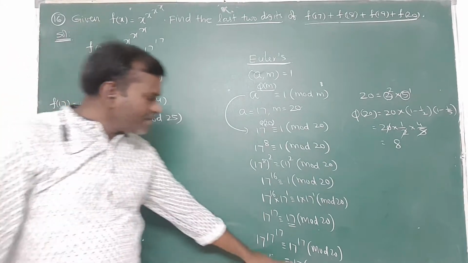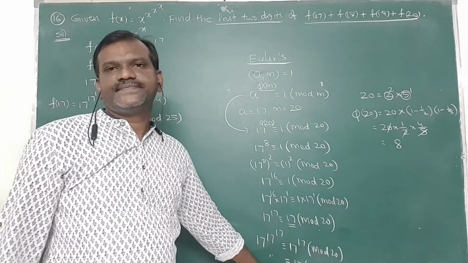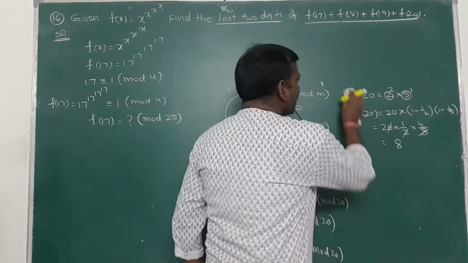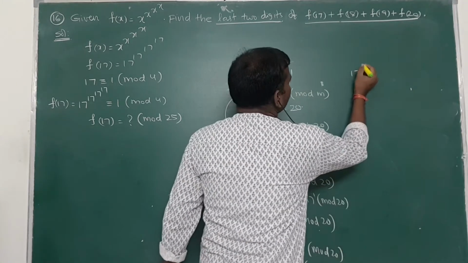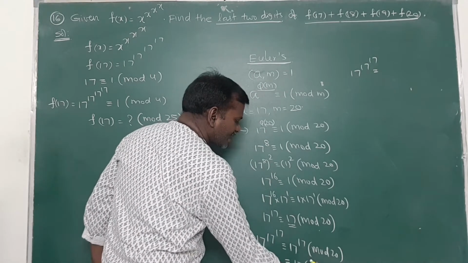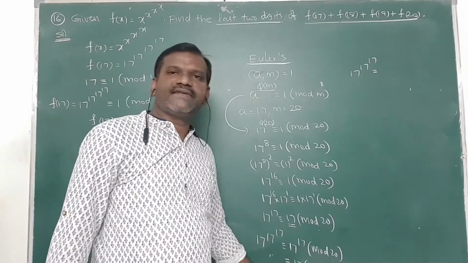17 mod 20 means 20 into something plus 17. Therefore, 17 power 17 can be written as 20 into k plus 17. Why? Because when divided by 20, the remainder is 17.